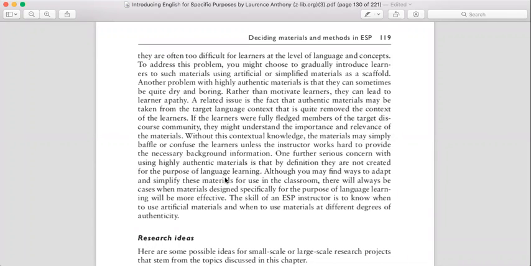Okay, so there is no dearth of material, we can conclude, but it is actually the handling of the material by ESP instructors or ESP designers.